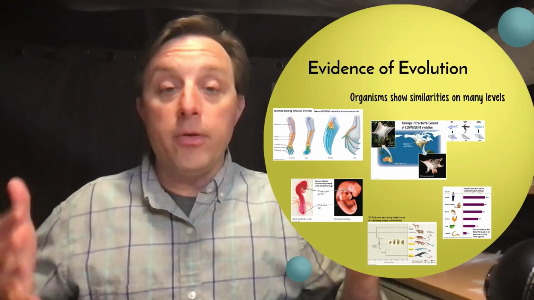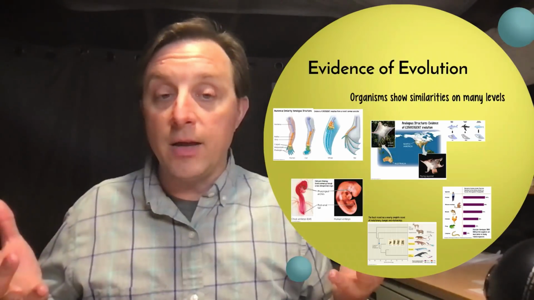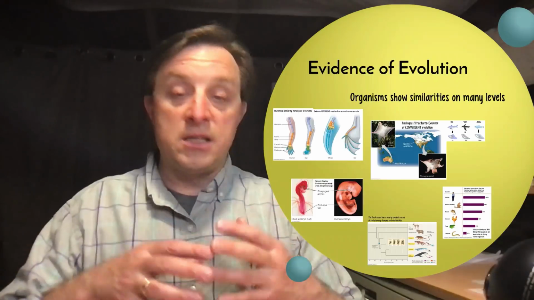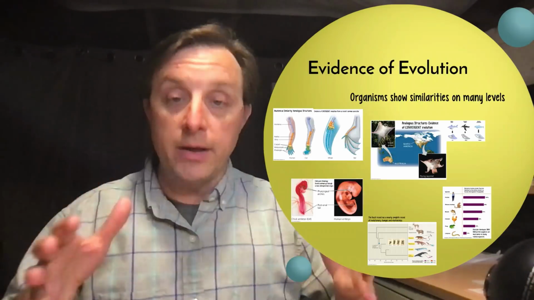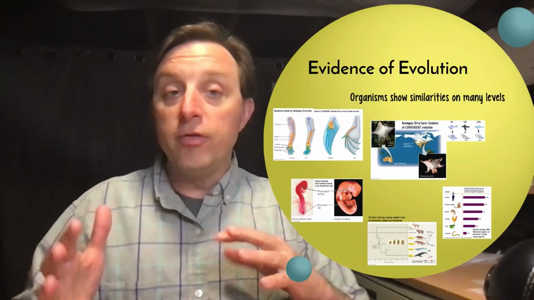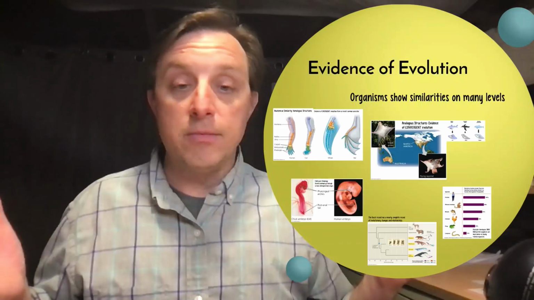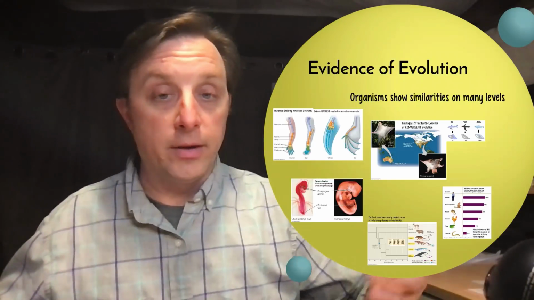The main thing that we look at, tying all these pieces of evidence together, is similarities between organisms. There are striking similarities between many, many organisms that are closely related, and we can even see similarities in organisms that are not so closely related.